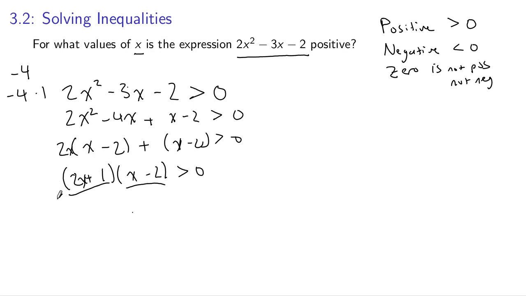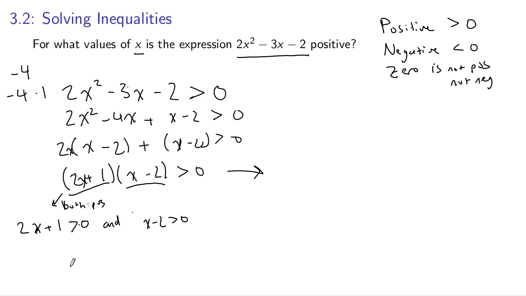So we have two things that might happen. Let's first think about both positive. If they're both positive, we can write these two inequalities: 2x plus 1 is greater than 0, and x minus 2 is greater than 0.